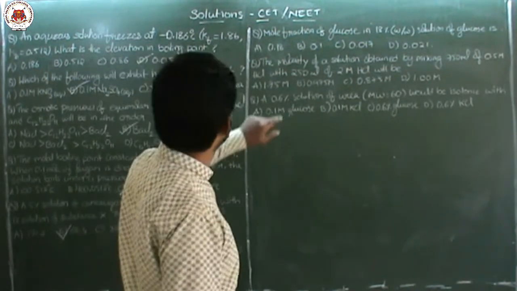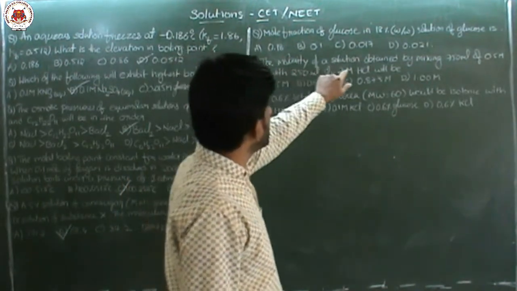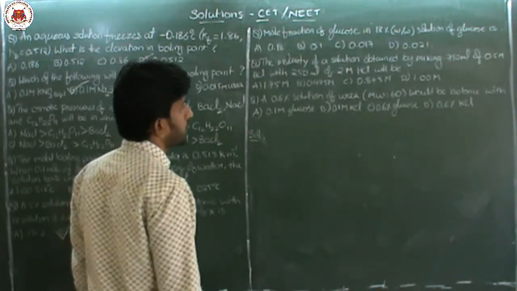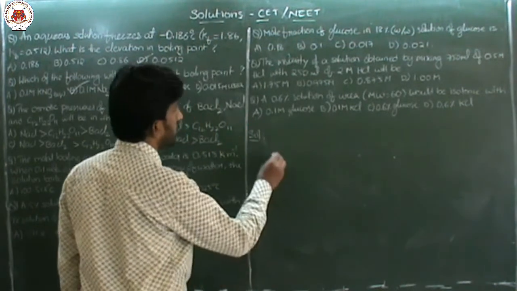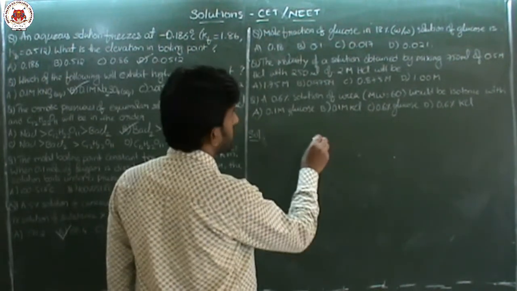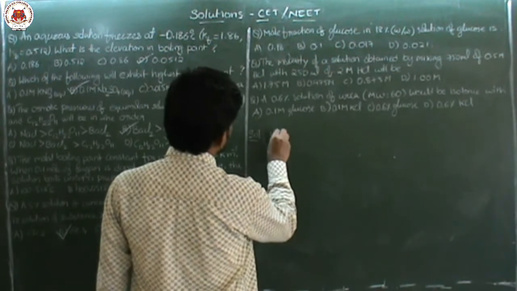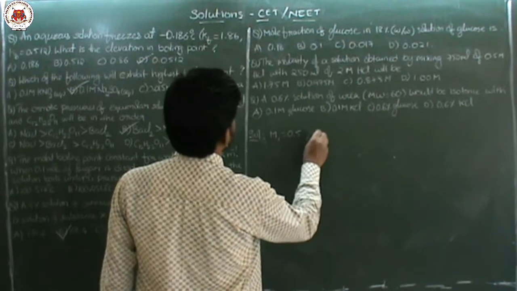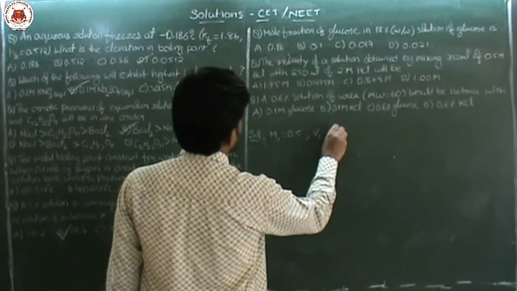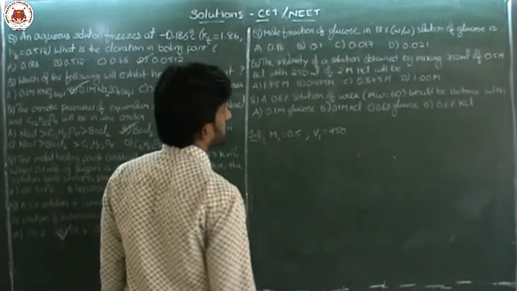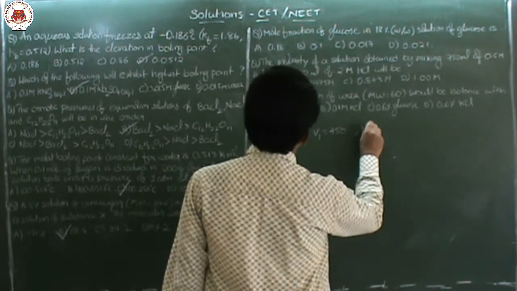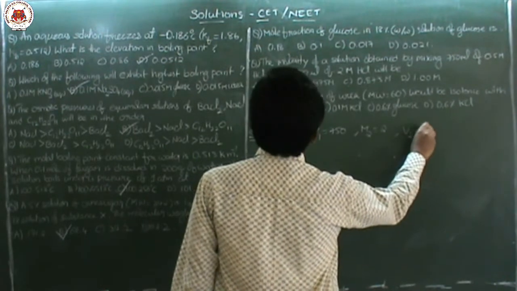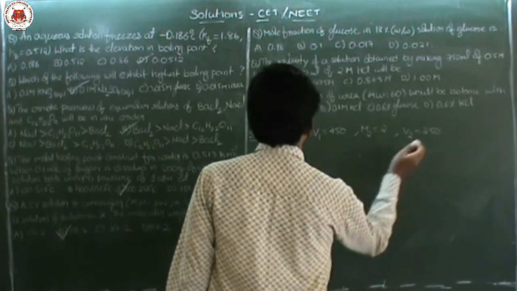Next question: the molarity of a solution obtained by mixing 750 ml of 0.5 molar HCl with 250 ml of 2 molar HCl will be. Now it is the mixing formula. M1 is 0.5, V1 is 750, M2 is 2, V2 is 250.